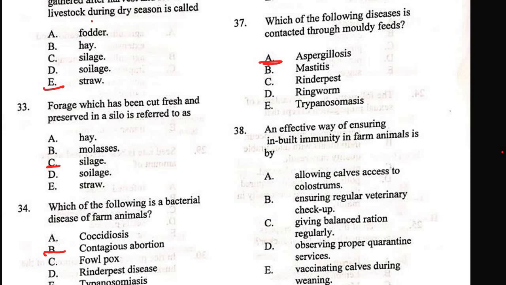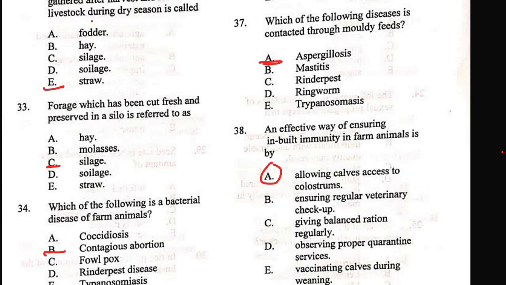So for question 38, among the options we have, A is the answer. Colostrum is the first milk produced by the mother after giving birth, so that definitely helps inbuilt immunity.